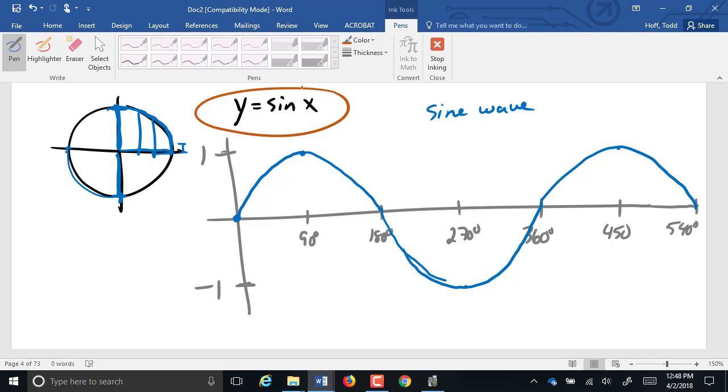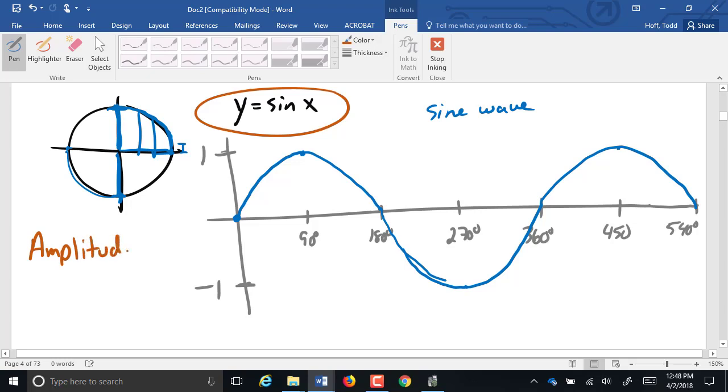Some parts of this wave that we want to talk about. One is amplitude. Amplitude can be measured a couple of different ways. We're going to measure it from equilibrium, or from 0 to peak. So that's our amplitude.